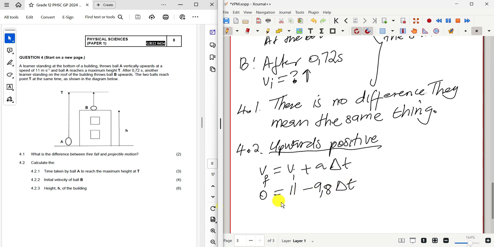So 9.8 delta T equals 11. This step is not necessary, guys. Delta T is 11 divided by 9.8, which is 1.12 seconds.